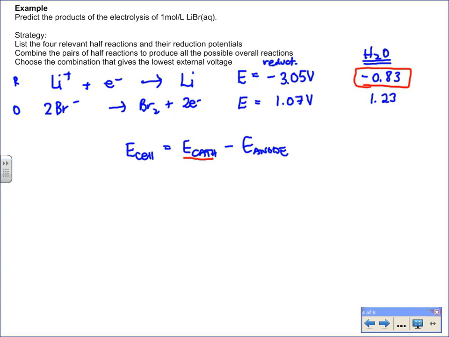In terms of the oxidation, it's being subtracted, so we actually want to choose the smallest one, because if we subtract 1.23, it's going to lead to it being even more negative. So the ones of choice are that the water is going to be reduced and the bromide is going to be oxidized.